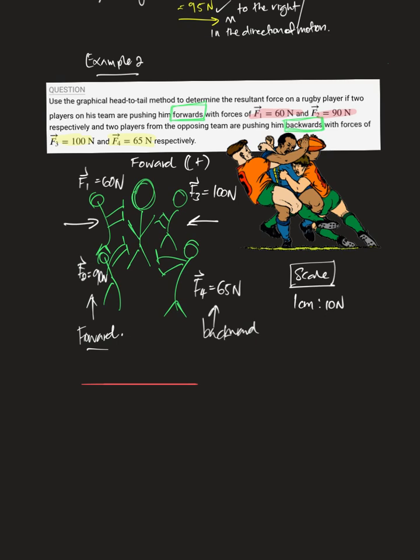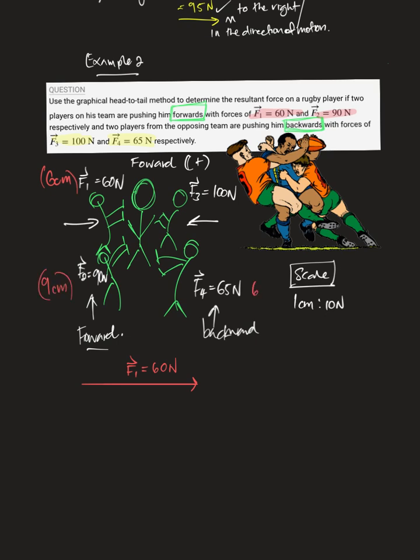Let's do this. I'm going to put an arrowhead there, and I'm going to say that this is F1, which is equal to 60 newtons. So remember, if it's 60 newtons, it's 6 centimeters. If it's 90 newtons, it's 9 centimeters.